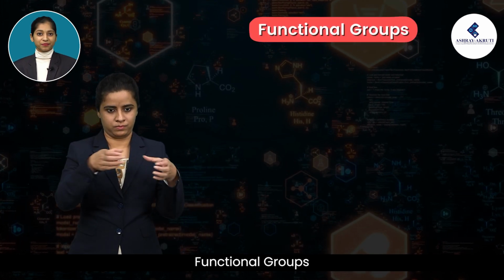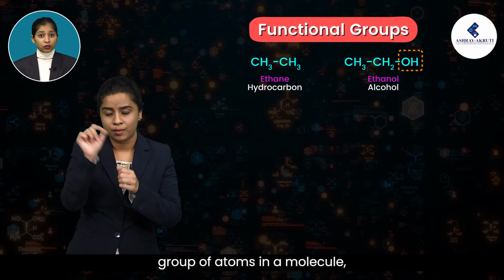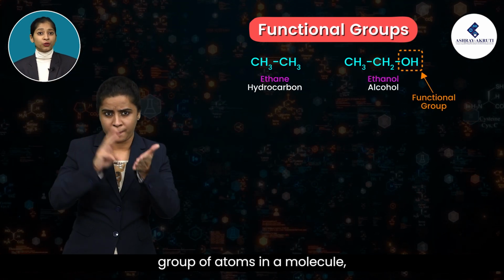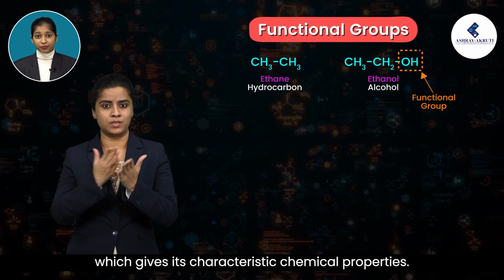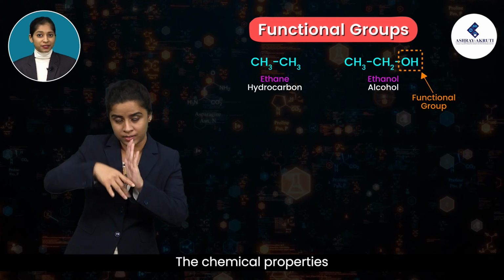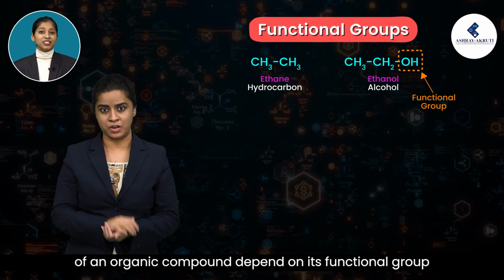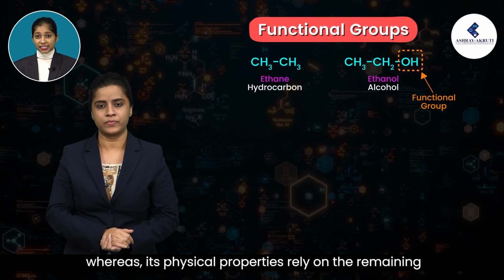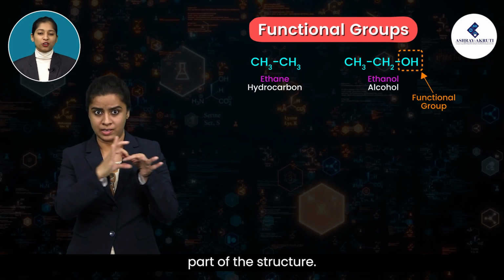Functional groups. A functional group is an atom or group of atoms in a molecule which gives its characteristic chemical properties. The chemical properties of an organic compound depend on its functional group, whereas its physical properties rely on the remaining part of the structure.